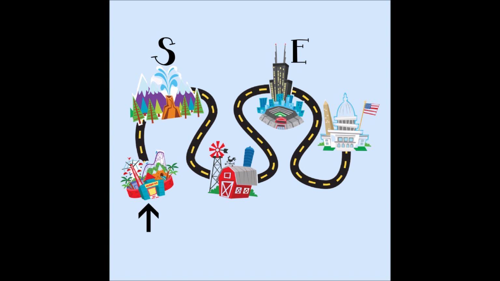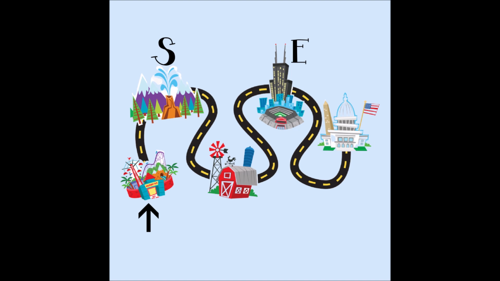Susie and Emily need to get to the carnival. Do you see the arrow? That's the carnival. If they both need to get to the carnival, which girl is going to take the longest amount of time to get there? Is it going to be Susie or Emily?